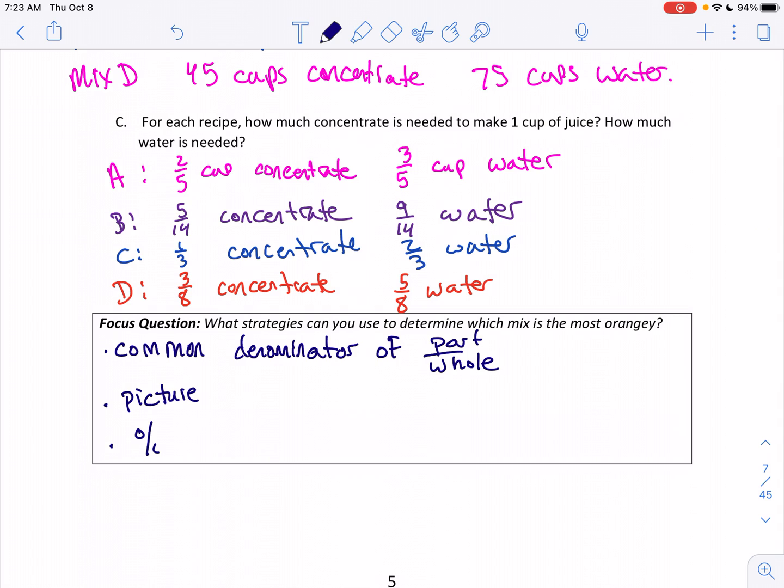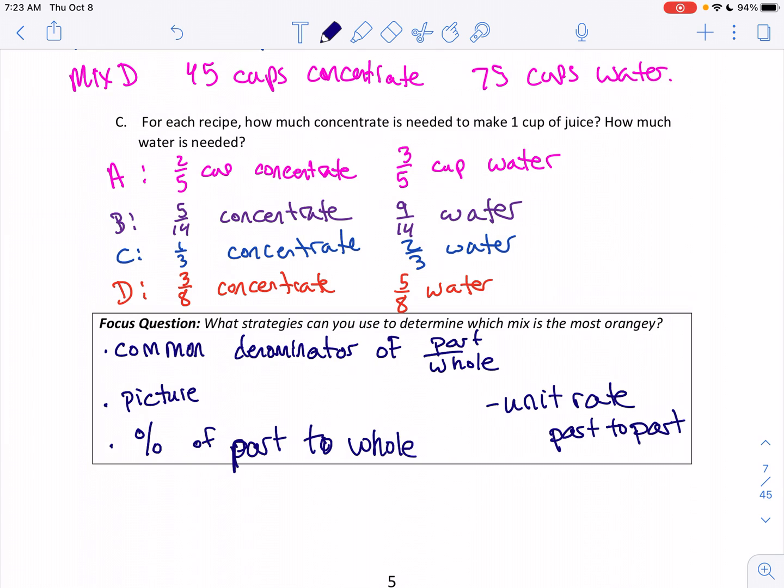You could find a percentage of your part to whole. You could also use a unit rate of part to part. Meaning, if you have 1 thing of water, how much concentrate would you need? And then you could just compare that.